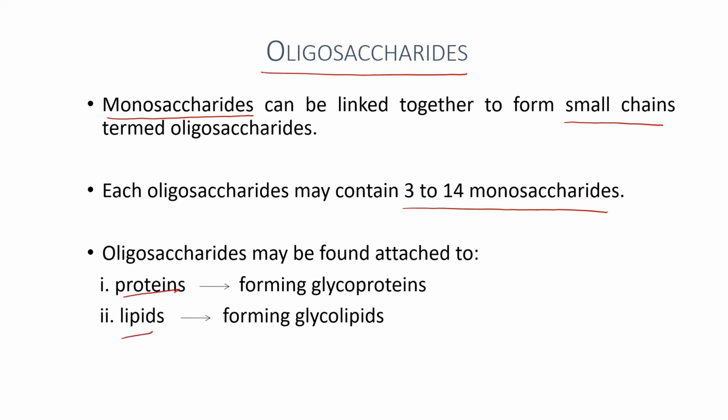If attached to protein, we call them glycoproteins, and if attached to lipid, they form glycolipids. These two molecules can be found embedded in the plasma membrane of cells, and they have specific functions which we are going to look at in detail in chapter 3.